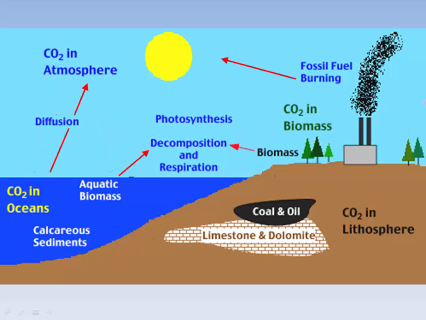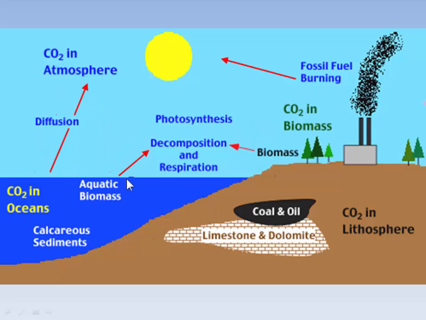Carbon gets into the atmosphere by diffusion from the ocean. There's more carbon dioxide dissolved in ocean water than there is in the atmosphere, and there's constant diffusion from the ocean into the atmosphere.